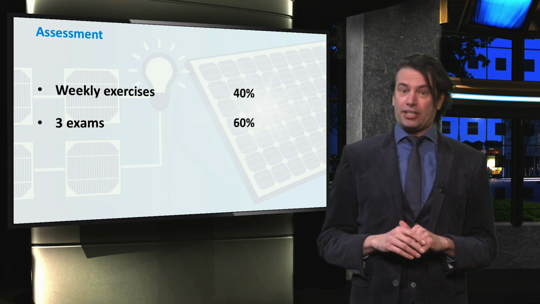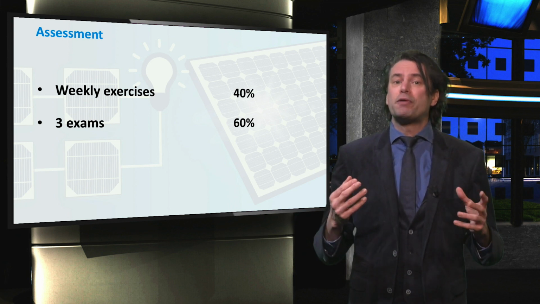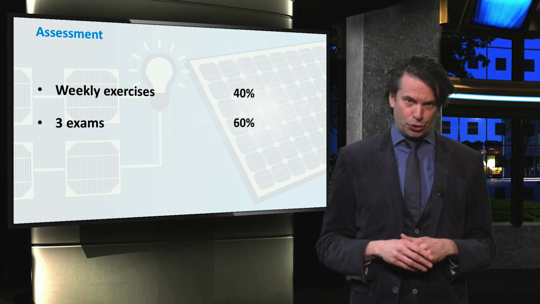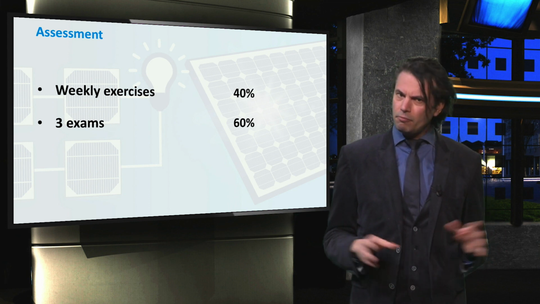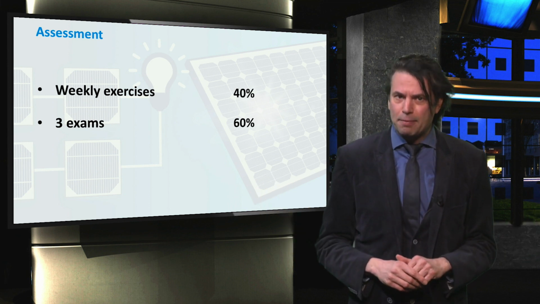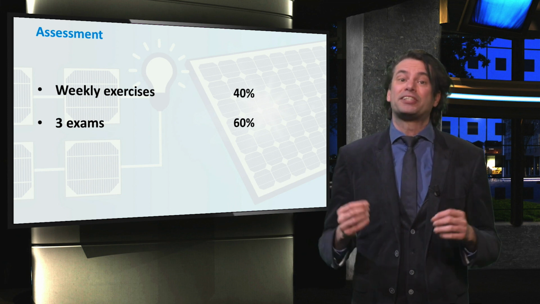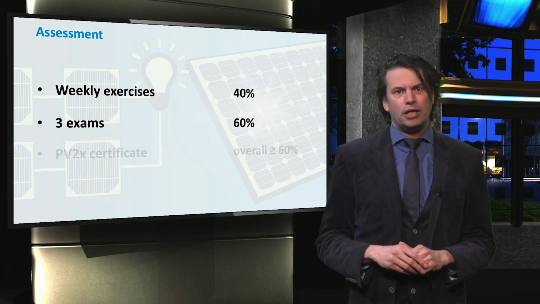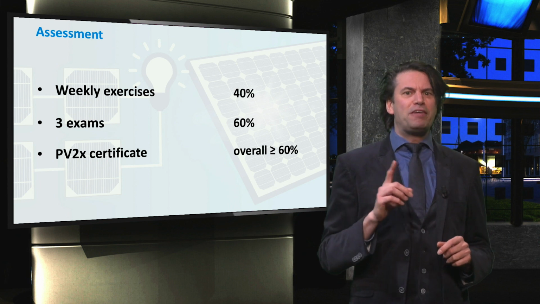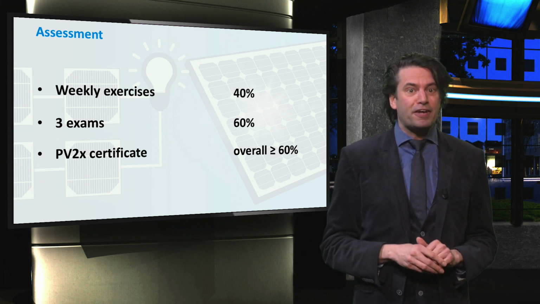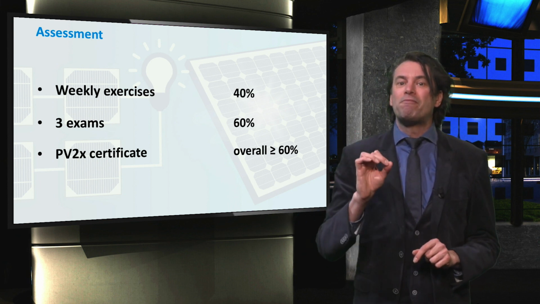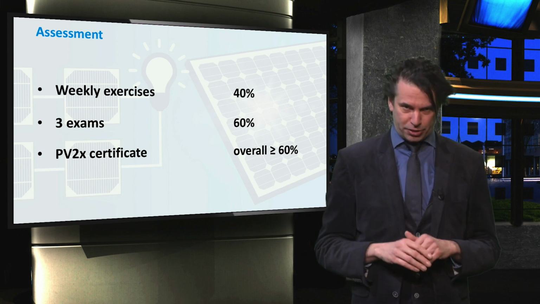All the weekly graded assignments combined count for 40% towards your final grade. There are a total of 3 exams in the course which count for 60% towards your final grade. You can qualify for the PV2X verified certificate by achieving a minimum final score of 60%.